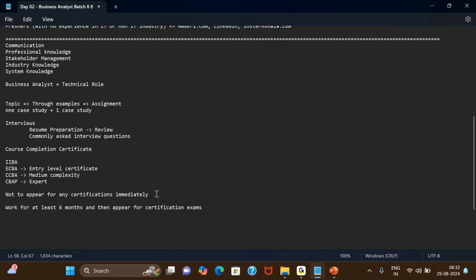Now for someone who is willing to restart their career or start their career as a business analyst, or wants to identify whether this is the right domain for them or not, you should be focusing on learning the concepts, appearing for interviews, and then getting an offer letter so that you can start your job. Once you start your job and spend some 6 months, 9 months over there, then you assess whether you want to continue on that path or not. And that's the time to appear for certifications.